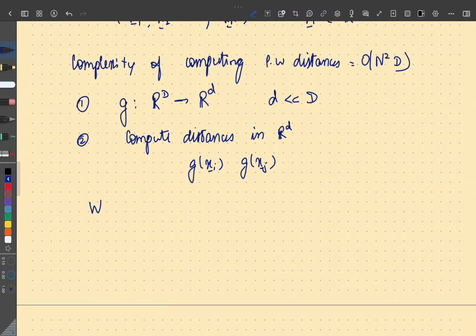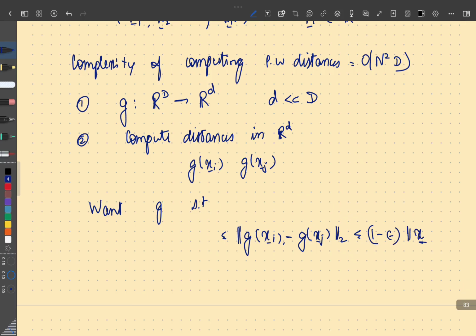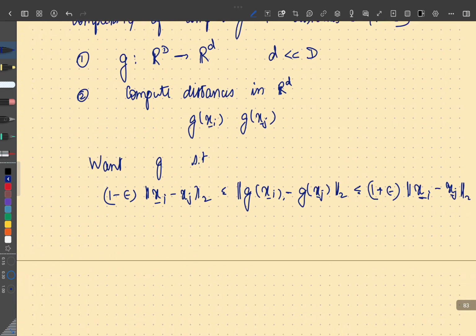So we want a g such that the distance between any pair of points is at least close to the distance in the higher dimensional space, plus or minus epsilon.